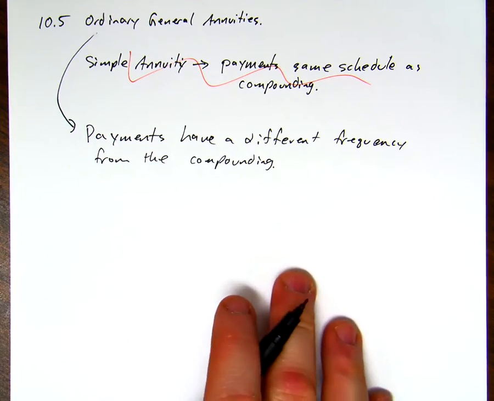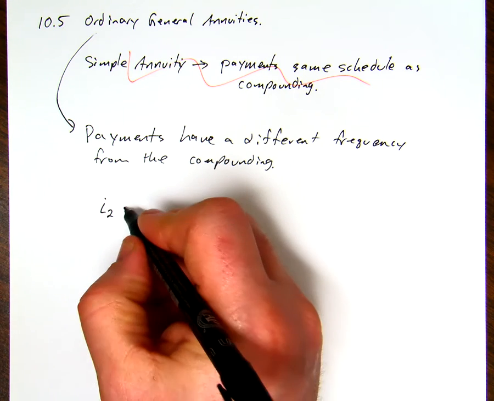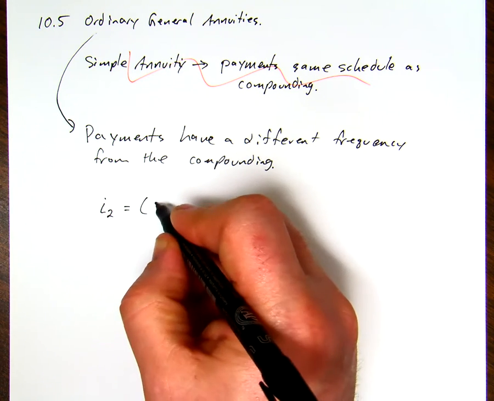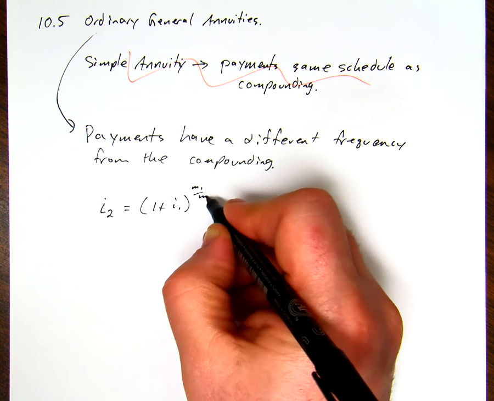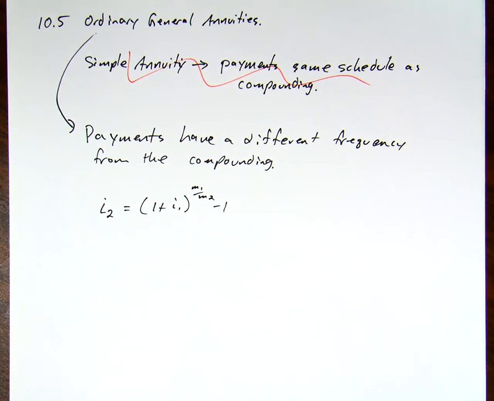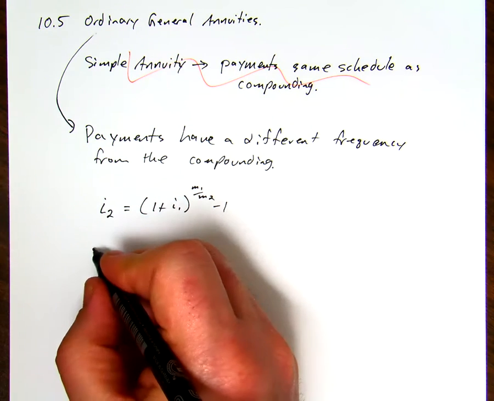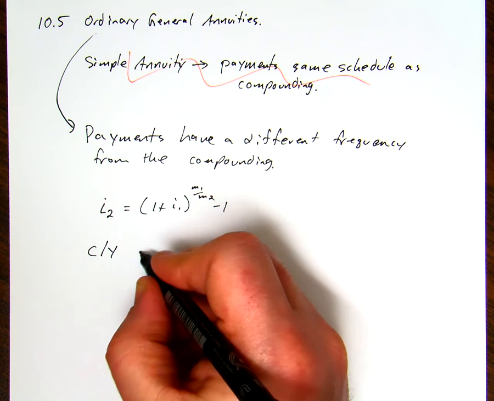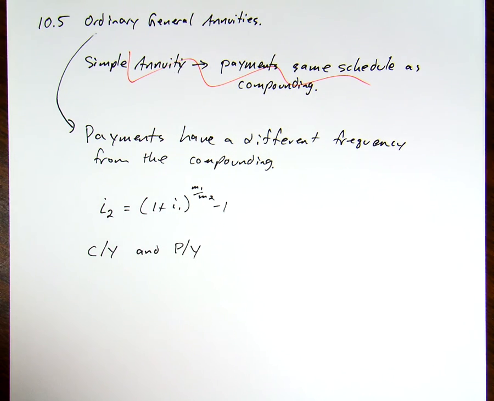And we saw with equivalent rates that i2 is equal to (1 + i1) to the m1 over m2, minus 1. What we're going to look at for ordinary general annuities is that we can calculate i this way, or we can talk about compoundings per year and payments per year.